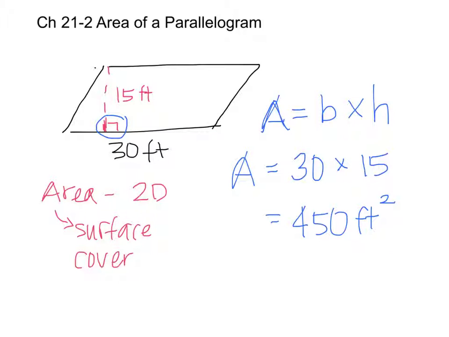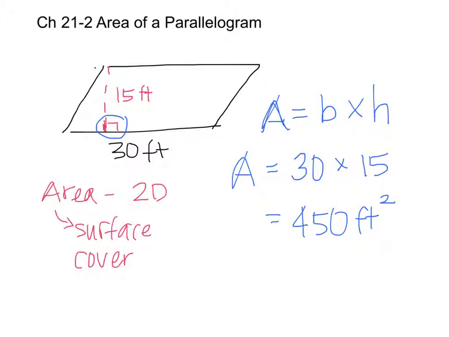Okay? Why is it squared? Why do you need the little 2, or why do you need to write the label as square feet? Tom? Because it's not really 450 feet wide or tall. Very good. And why else do we need that square symbol in there? Jason?